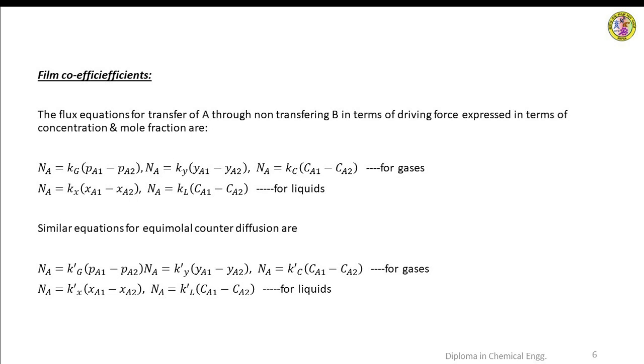The rate of transfer of component within one phase will be equal to the rate in the other phase. That is the situation you have in a steady state condition.